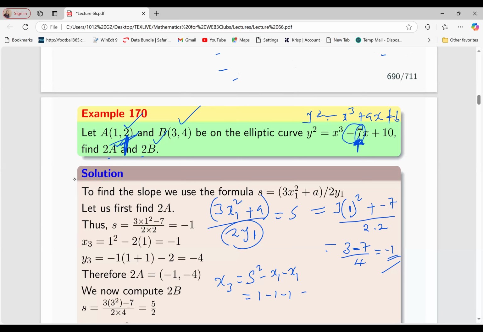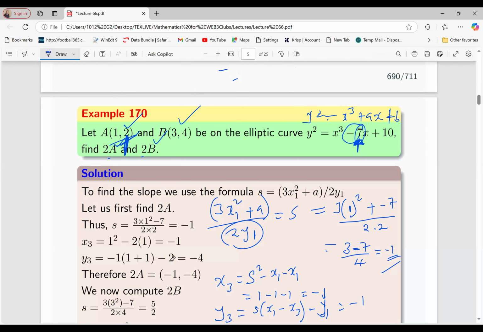So what we then get is -1. That is our x3. What about y3? The formula says it should be gradient into x1 minus x3, then minus y1.